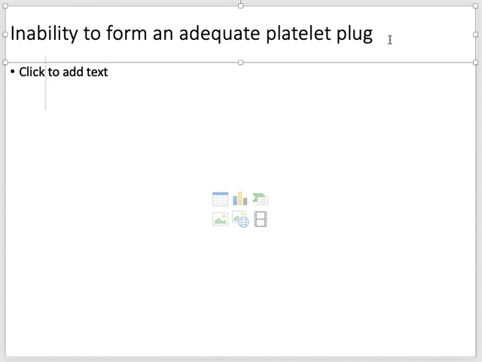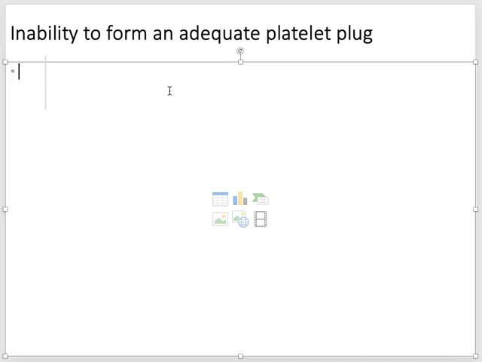Okay, so we will go for the classification of causes of primary hemostasis disorder. Number one, the pathology can be in the platelets. As you know, the platelets can be normal, or can be low.